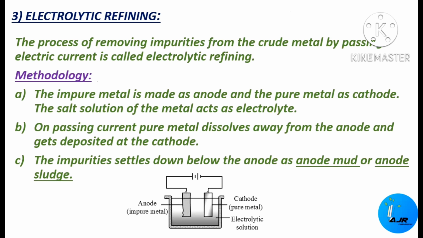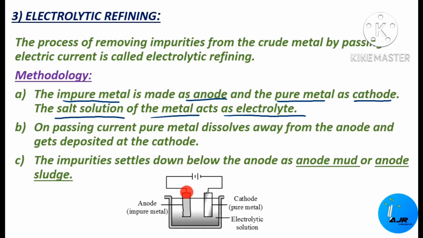Understood, students? So the impure metal will be acting as anode and the pure metal will be acting as cathode, and the salt solution of the metal will be acting as the electrolyte. Understood? Now what happens? On passing current, pure metal dissolves away from the anode and gets deposited at the cathode.